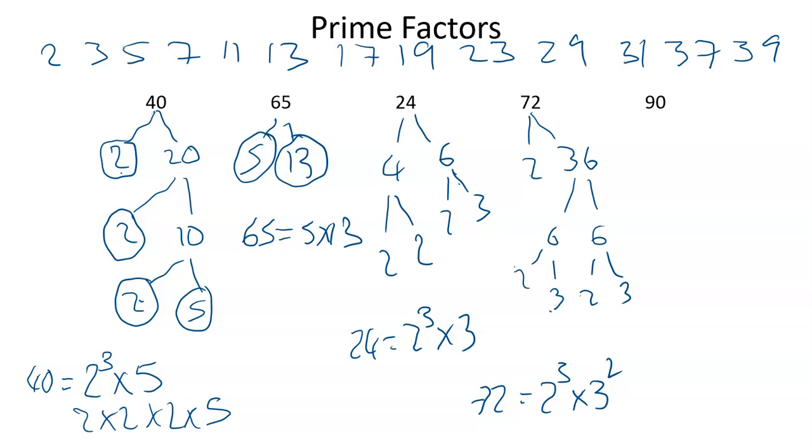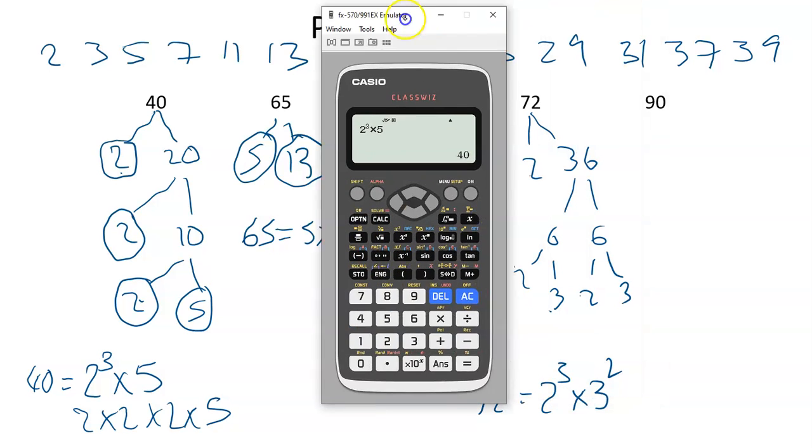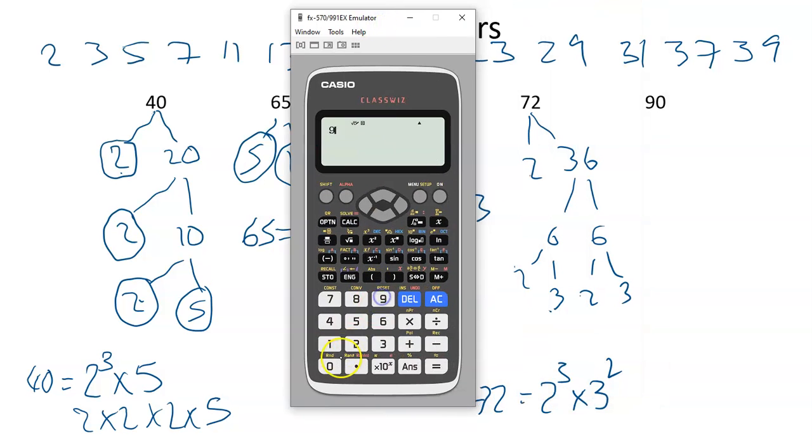Now for the last one, 90, I'm actually going to show you that your calculator will probably do this for you. Especially if you've got this calculator, then definitely, but most calculators will. They have a button that says fact or something similar to that. And this is yellow, so we're going to have to use the shift to press this. And this is how you do it. You've got to type your number in, so 90, and press equals.